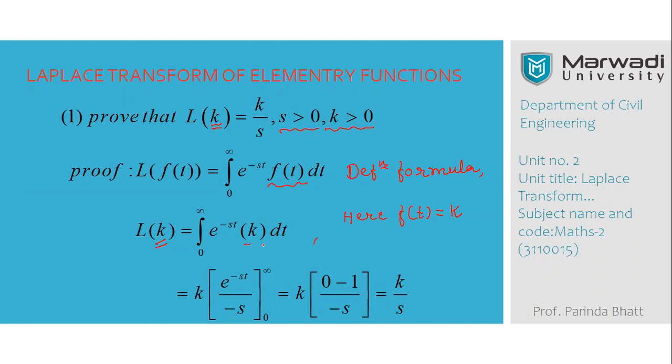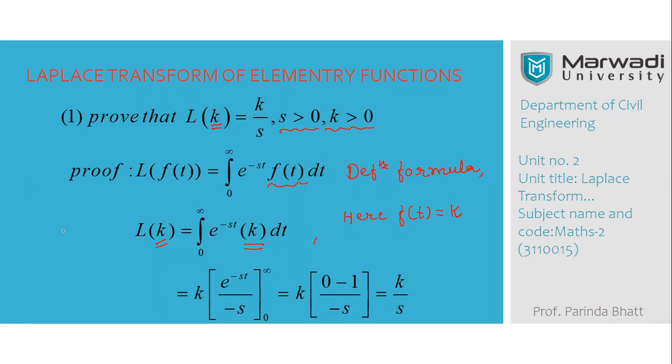Now k is a constant, therefore write it outside the integration. The integration of e raised to minus st is e raised to minus st divided by minus s, and the limits are 0 to infinity.